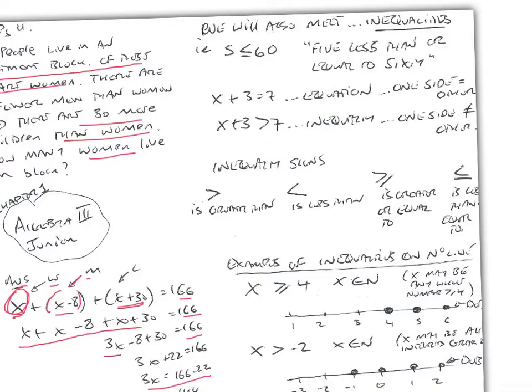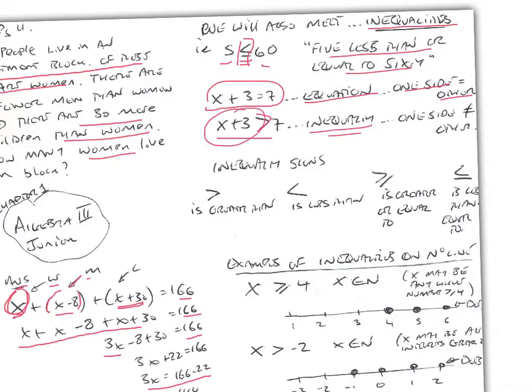And we're also going to meet this notion of inequalities, okay? So here's our less than or equal to sign, and we'll say 5 is less than or equal to 60. Now, x plus 3 equals 7. That's an equation. One side is equal to the other, okay? But x plus 3 greater than 7, that's an inequality.